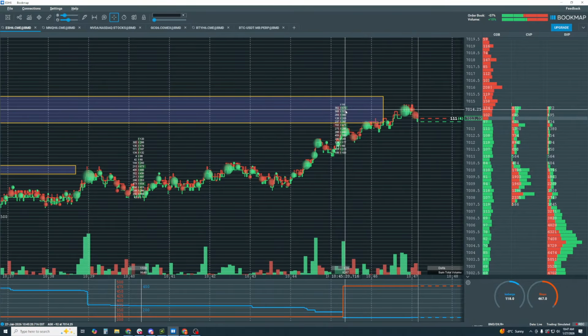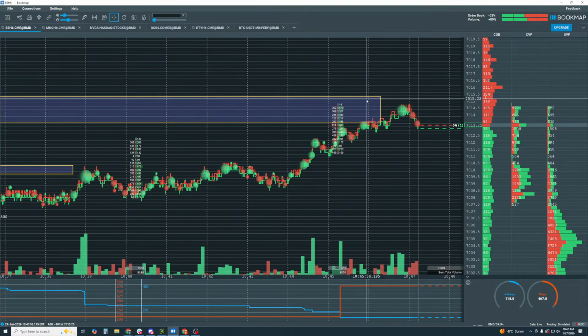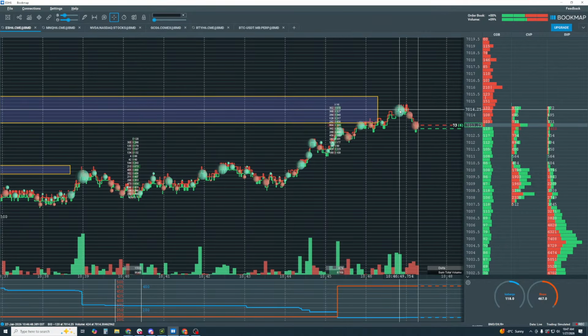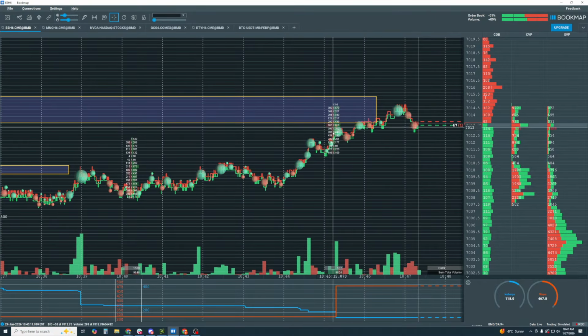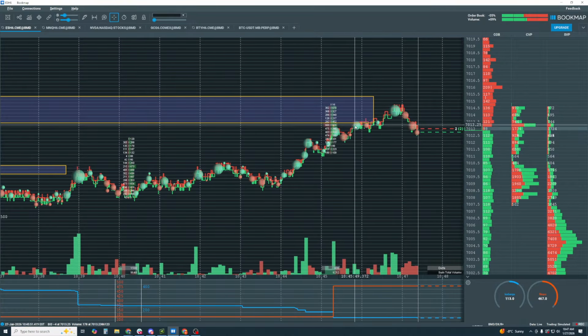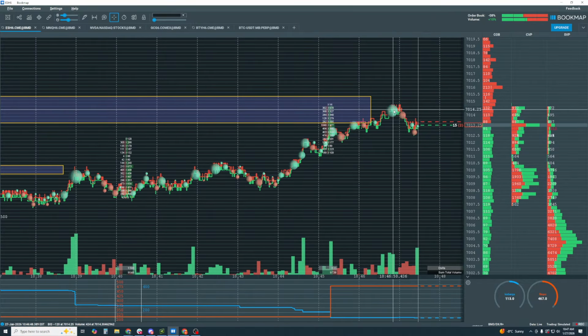So that's good. But here's what I like about Bookmap a lot more: I have the price action. How did it do it within this bar? Well, it kind of grinded higher in here. We see more buying, we see very little, and then we see a big cluster of buying up in here.